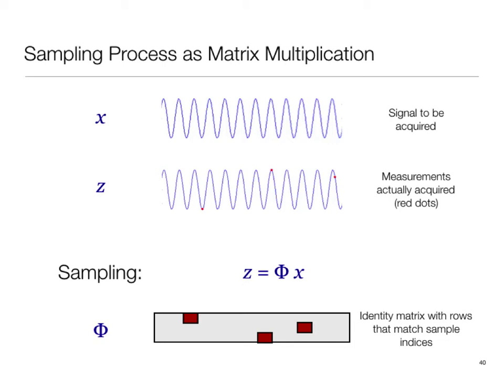So I started out with a long vector x. By multiplying it by this, I end up with z, and it turns out that if you do this kind of random projection, then for a lot of signals you can go back and recover things, because there exists a natural sparsity in real world signals, which this approach ends up exploiting. My sine wave example can be thought of in this manner, right?